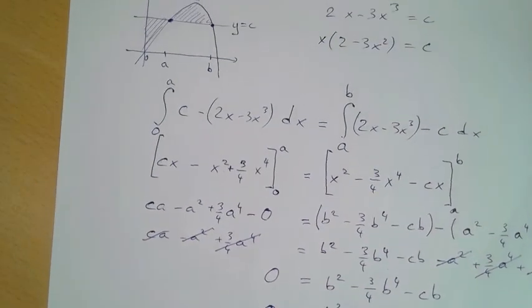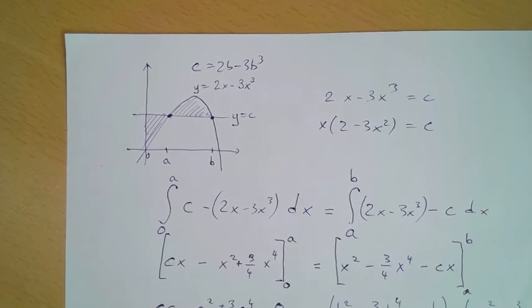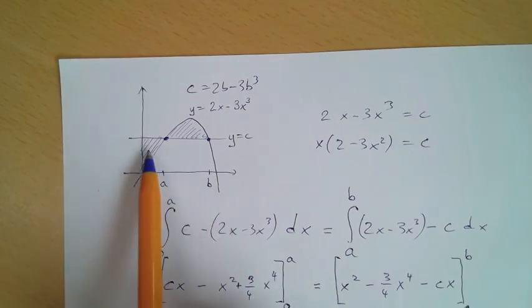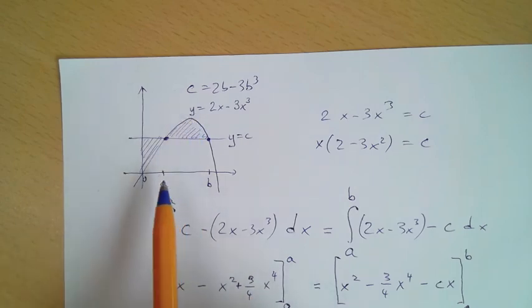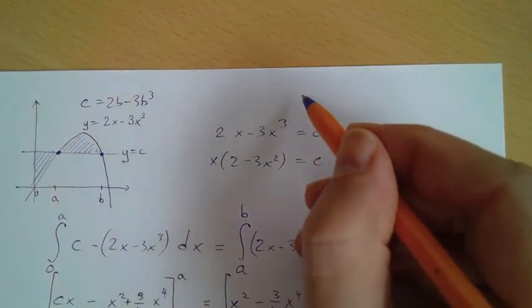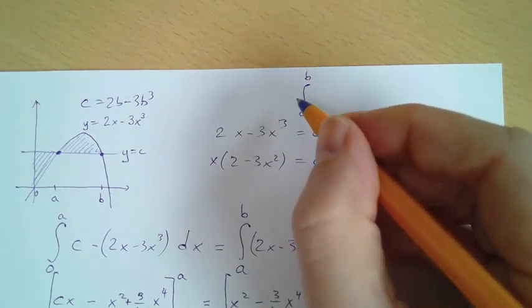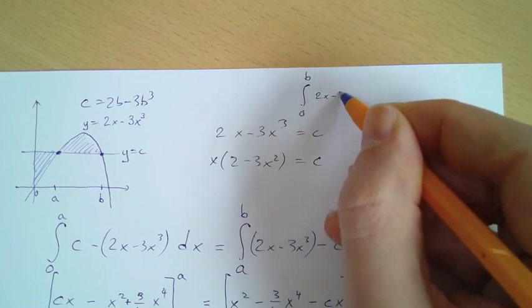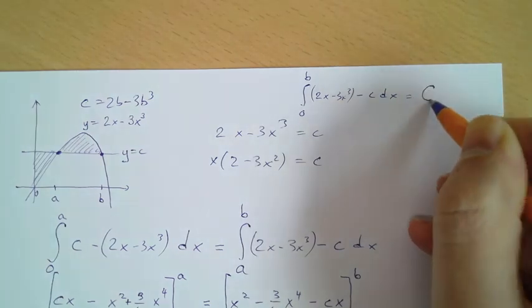Just before I stop, there was actually another way to set up this exercise which would have worked just as well. It's kind of a clever idea. Instead of setting this equal to that and flipping what is top minus bottom, another idea which basically leads to the same calculations after a few lines is just to say that the integral from 0 to b of 2x minus 3x cubed minus c dx equals 0.